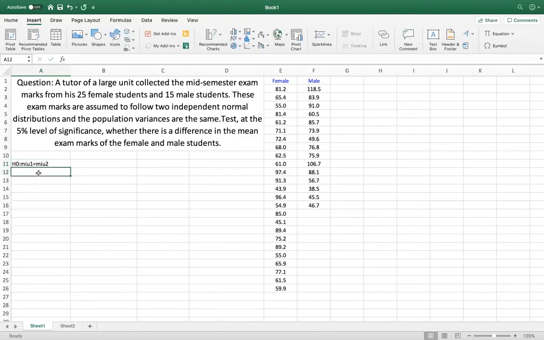And the alternative hypothesis is there is a difference for the two groups exam marks, but we do not know which one is better or which one is lower. So the alternative hypothesis is actually for two-tail, which means that the mu1 is not equal to mu2.